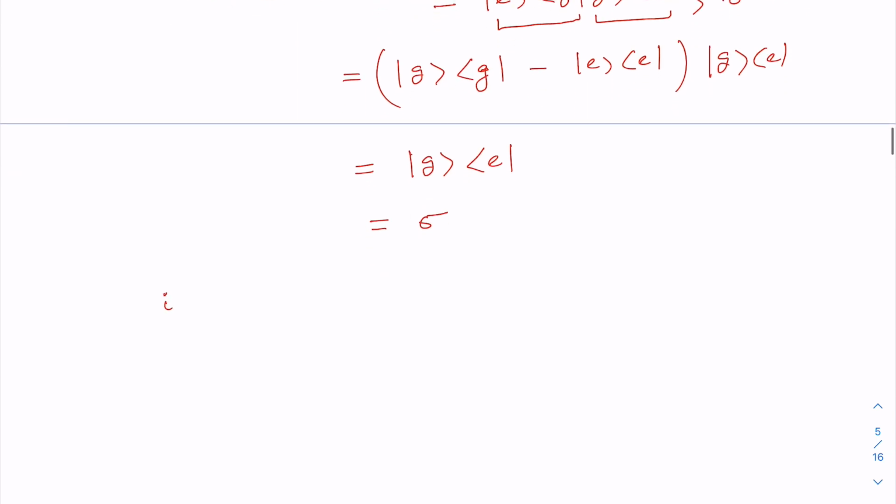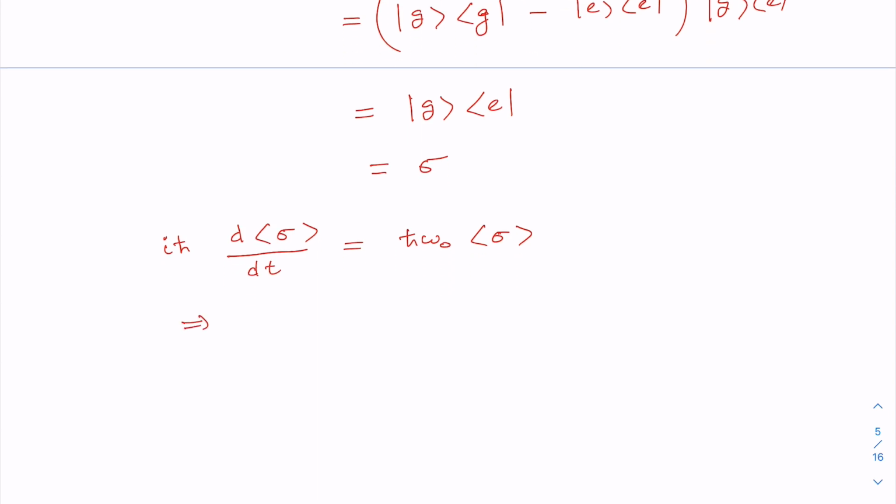So we have i h cross, if I take the expectation value, d sigma dt is equal to h cross omega 0 times the expectation value of sigma, and immediately you see that I have the equation d sigma dt is equal to minus i omega 0 sigma.